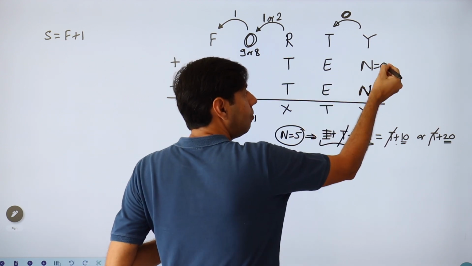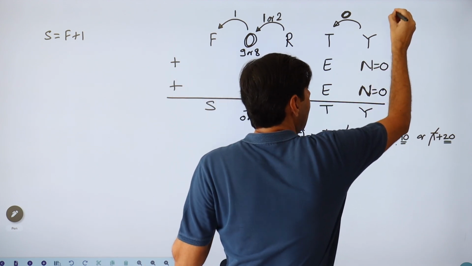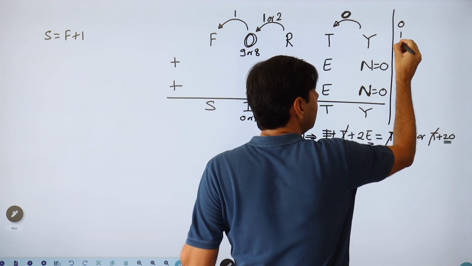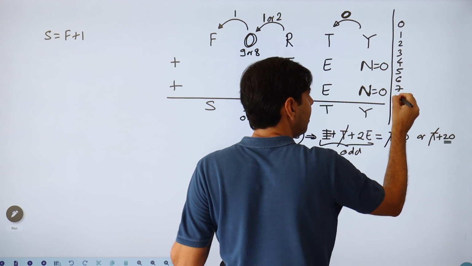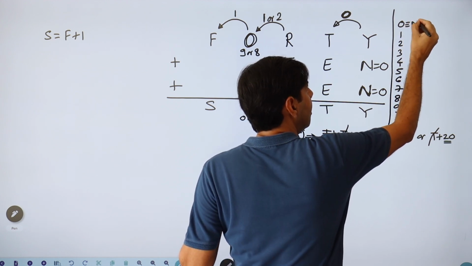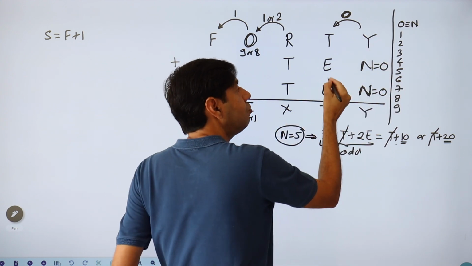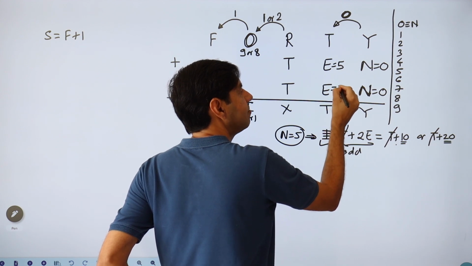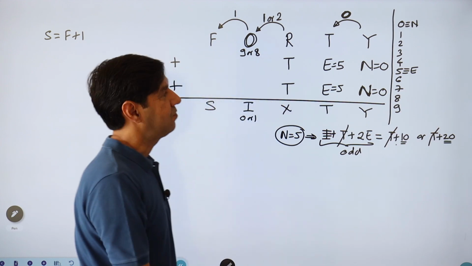So it could be a 0, but 0 is taken. So what you could also do is leave some small space and write the digits 0, 1, 2, 3, 4, 5, 6, 7, 8, 9. 0 is nothing but n. Now nothing else can be 0. So E has to be 5 in that case. E has to be 5. Oh, 5 is also taken. So 2 digits we have found out.